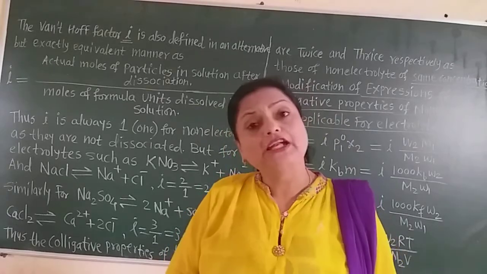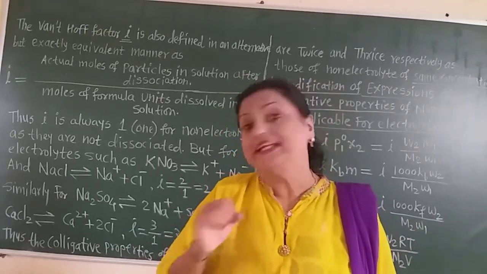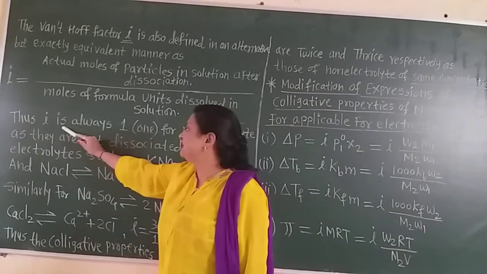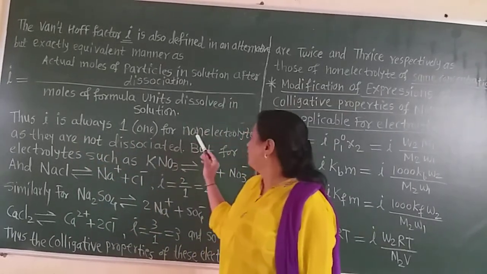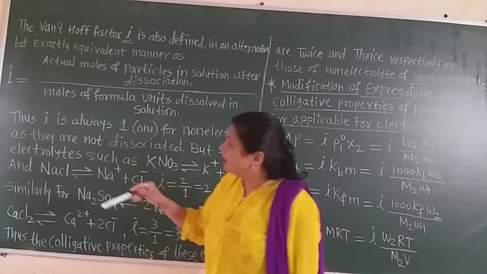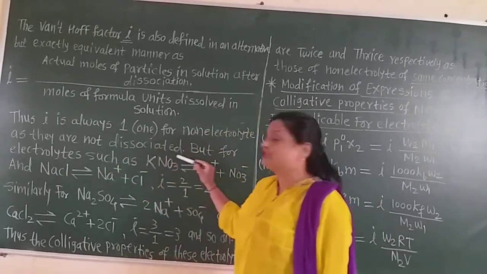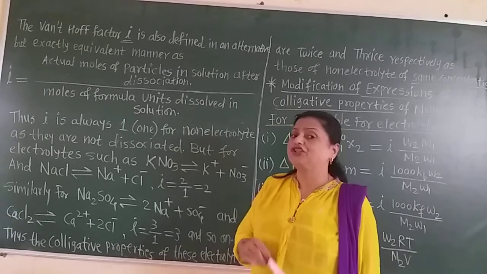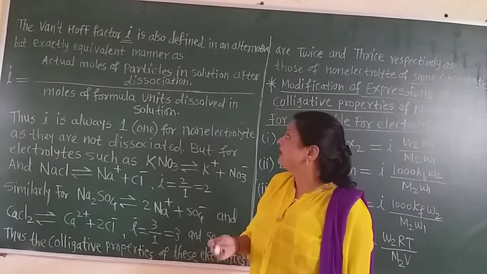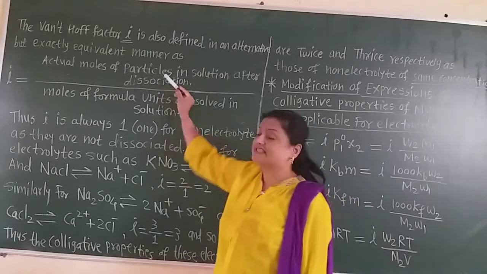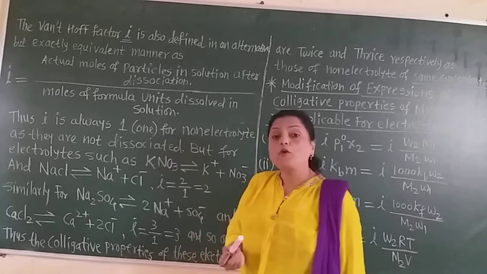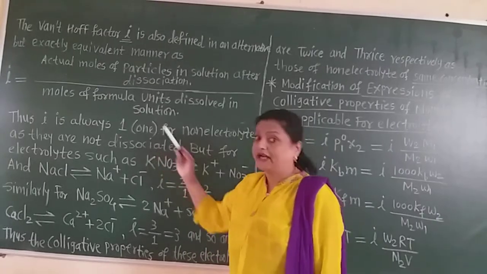And therefore the value of i changes for the electrolytes. Thus i, the Van't Hoff factor, is always 1 for non-electrolyte as they are not dissociated. That means after dissociation and before dissociation the number of particles remains the same for the non-electrolyte. So their Van't Hoff factor i is always 1.